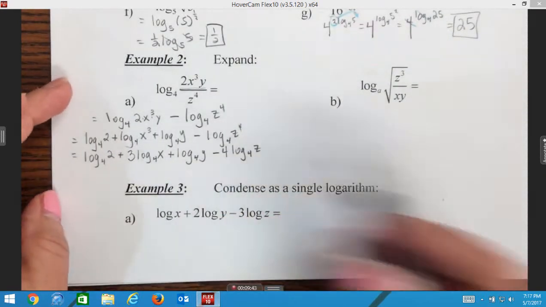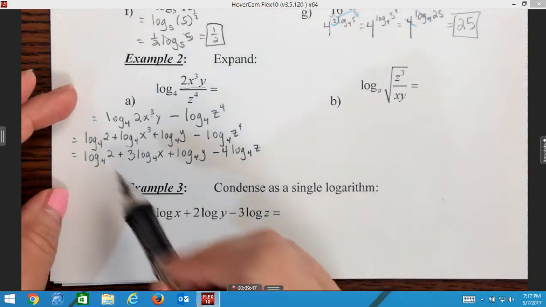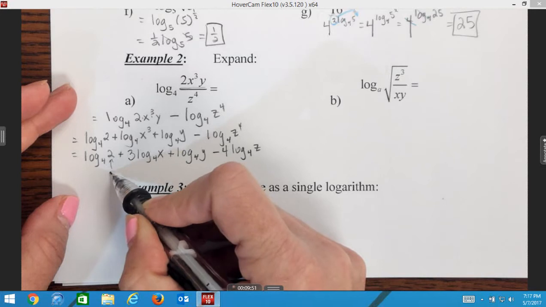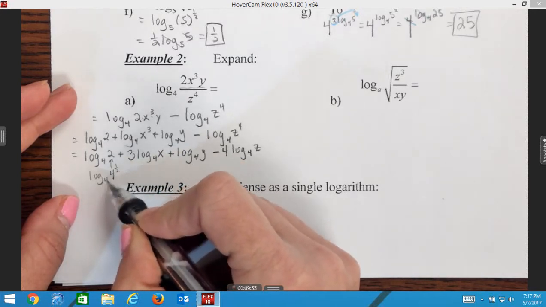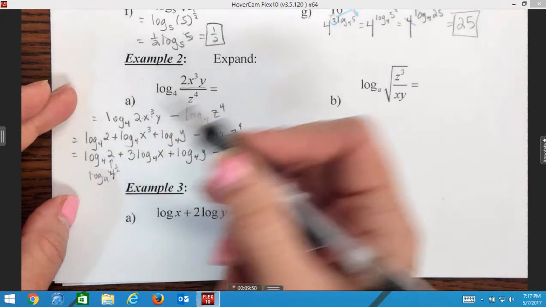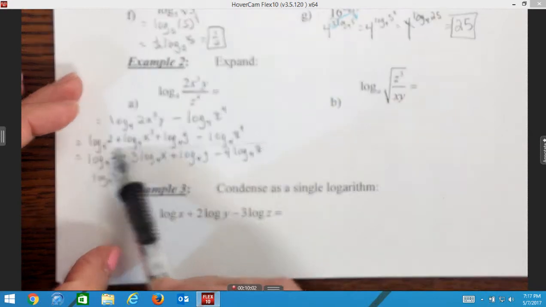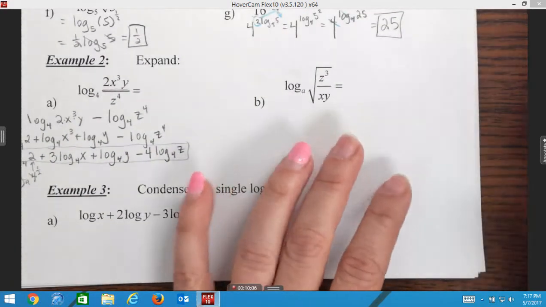And that's pretty much expanded as far as you could go. If you were wanting to simplify this after expanding, you could maybe make 2 into 4 to the 1/2 and have log base 4 and those would cancel, we'd have a half in this spot, but I don't really think we need to do that just for expanding. But that might be useful for a different problem that asks you to simplify.